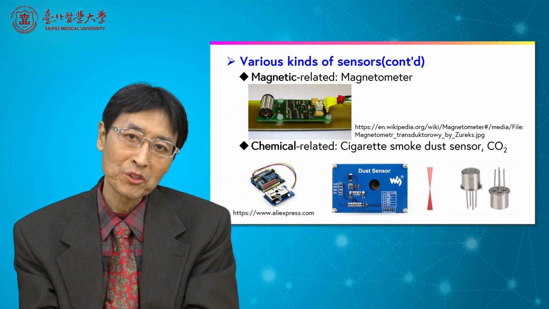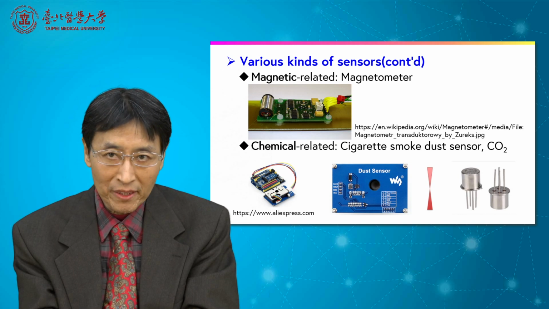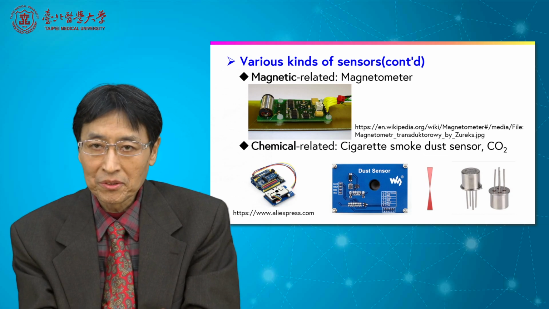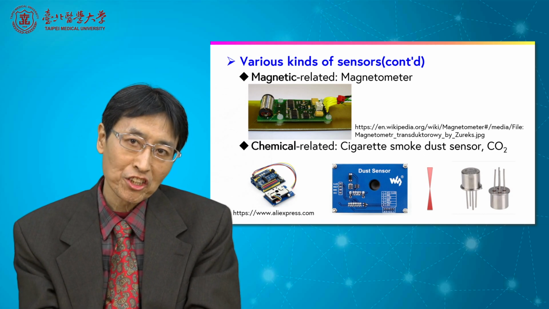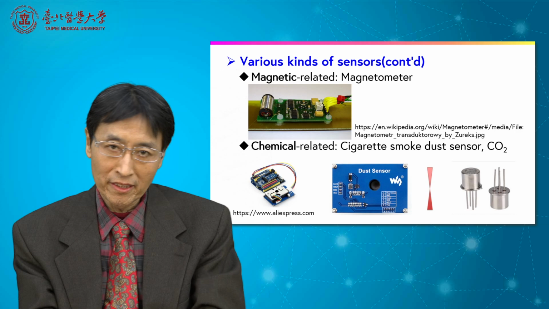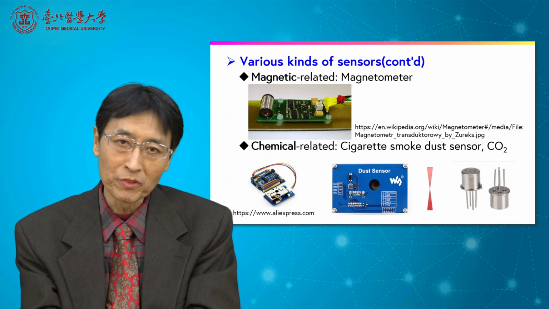For example, we have two samples here. One is a dust sensor, which can measure cigarette smoke. Another one can measure the CO2, carbon oxide existing in the environment. Okay, so if you would like to know about the environment, the air pollution, this kind of sensor will be useful.